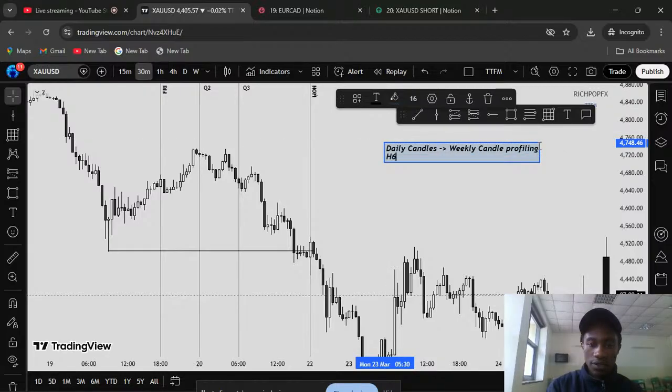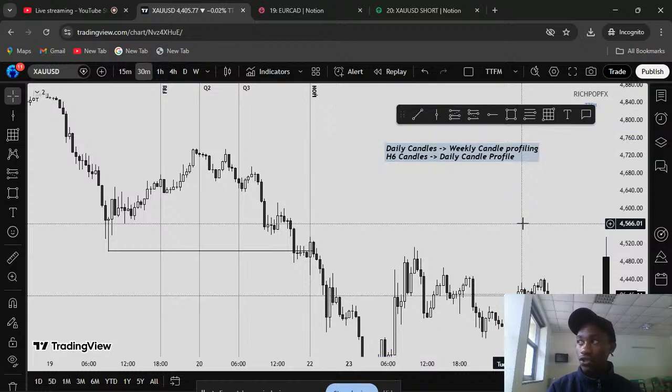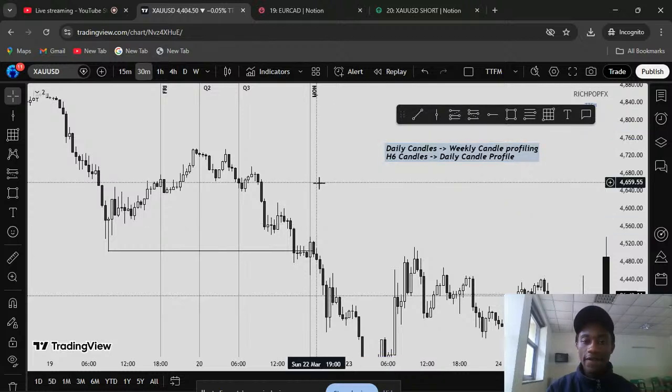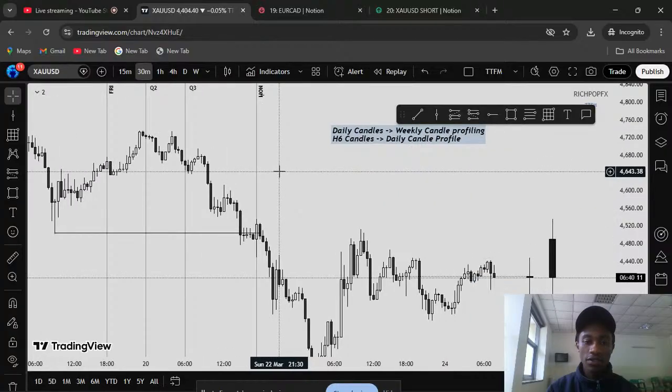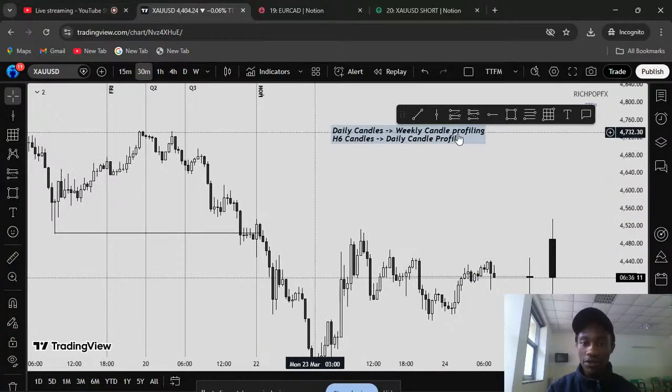Then H6 candles, I just use them to profile the daily candle profile, which means I just need like one H6 candle to make higher of the day. That's it, guys. So if you wanna learn trades like this, you can go and watch T-Trades videos.